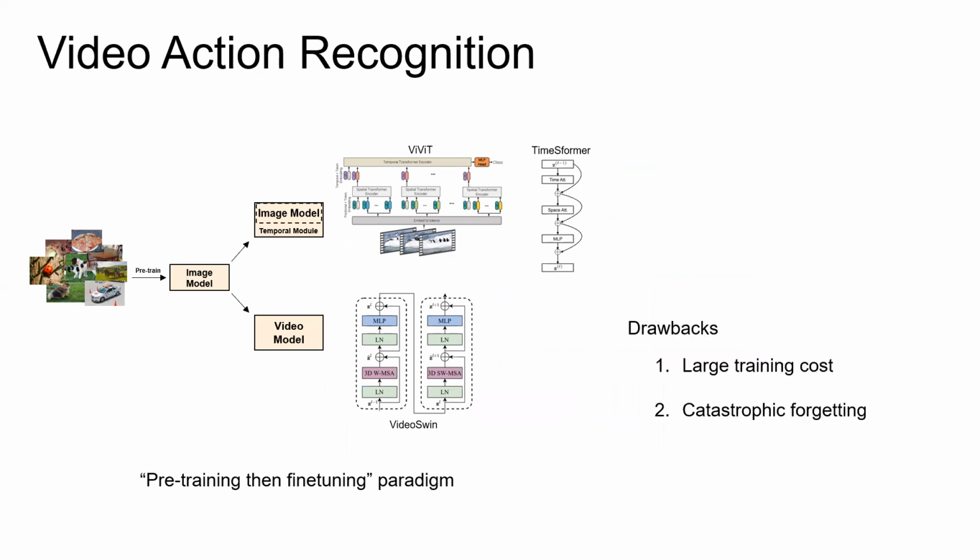The first one is large training cost. This is because the video models are usually very large, especially if we want to inflate from image foundation models. The second one is catastrophic forgetting. That is, we may lose some good properties in the pre-trained image foundation models if we fully fine-tune the video model on video data.